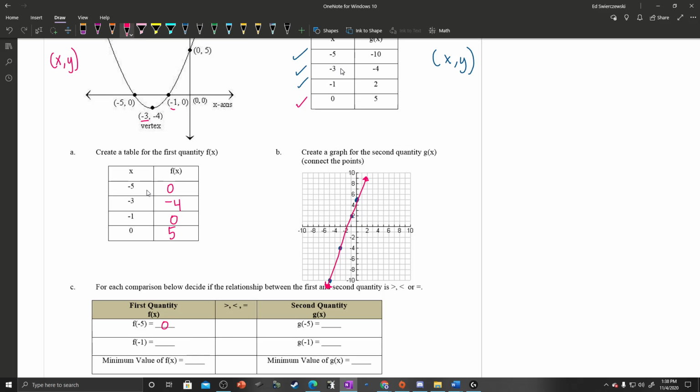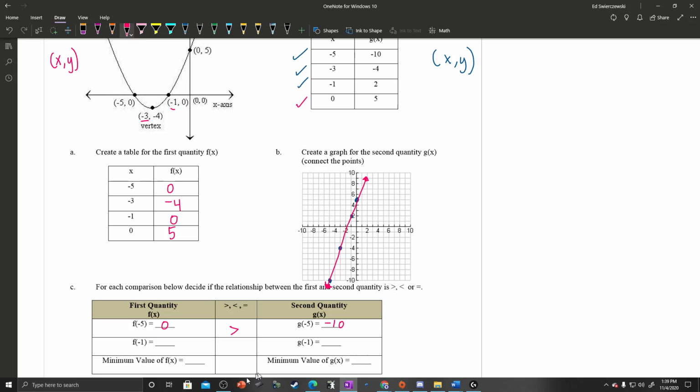I can look at g of x. Input, negative 5, output was negative 10. And then I can compare those. Which was larger? F of x or g of x? Well, 0 is greater than negative 10, so that is greater, right?